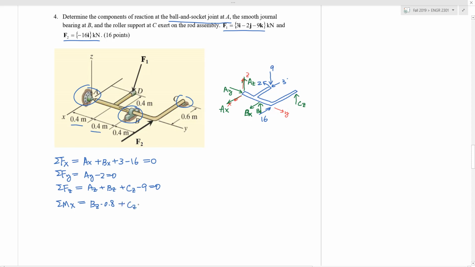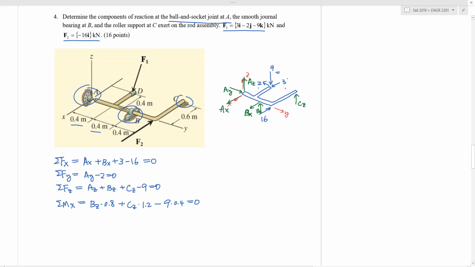Therefore, it's CZ times 1.2. And then this 9 kilonewton force creates clockwise rotation about the x-axis with a moment arm of 0.4 meter. So 9 times 0.4 equals 0. So that's everything.